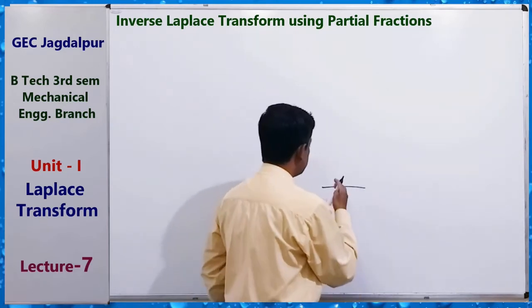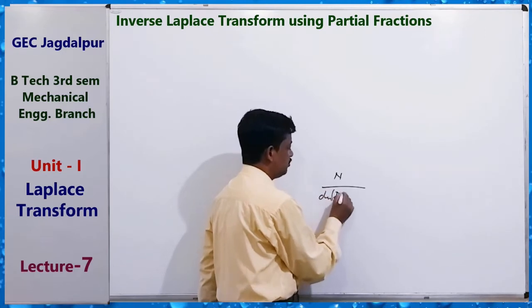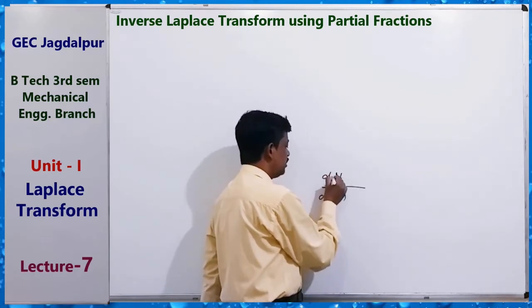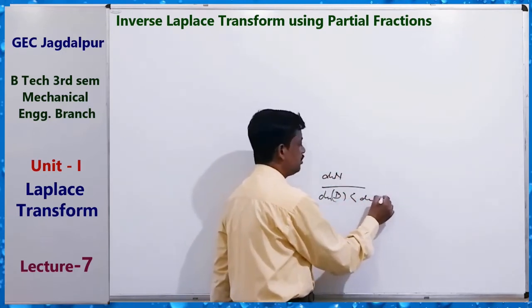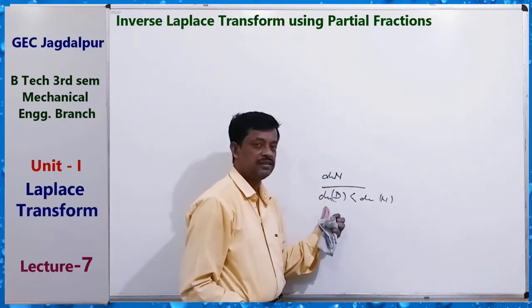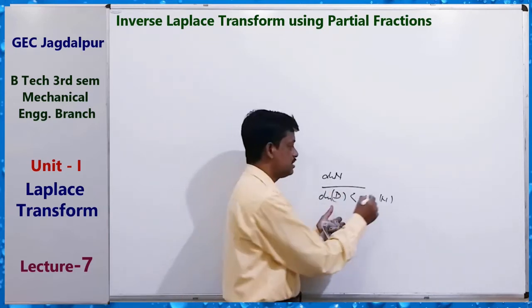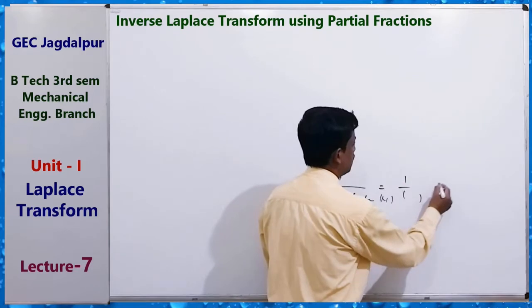So this is the numerator, this is the denominator. If the degree of the denominator is greater than the degree of the numerator, then we express this rational function as a partial fraction like this.